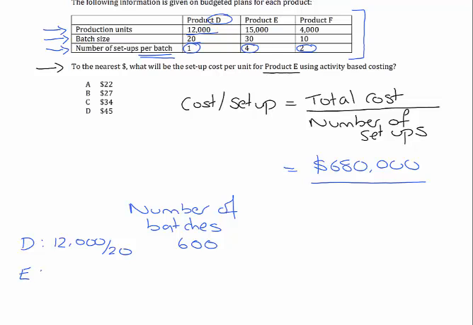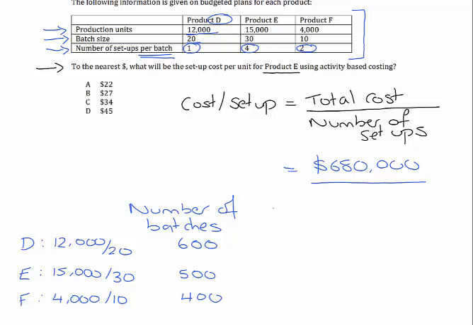And then for E, we have 15,000 and there are 30 units in a batch, which means we will have 500 batches. And then for F, we have 4,000 units, 10 units in a batch, so we will have 400 batches.